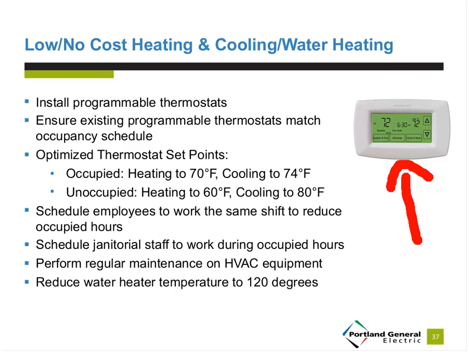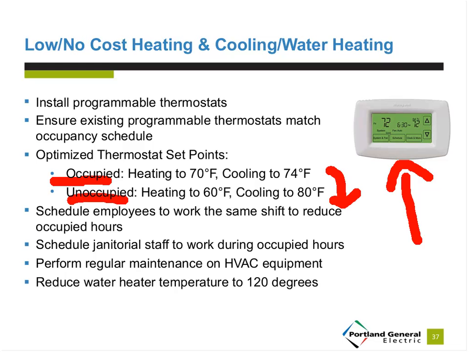If you don't want to do that, I would say replace it with a digital programmable thermostat. Then you can program it to turn on when you're there and turn off when you're not there. You can have setback points, and these are what we recommend for occupied and unoccupied. So 70 for heating and 74 for cooling for occupied, and then drop down 10 degrees when people are not there.